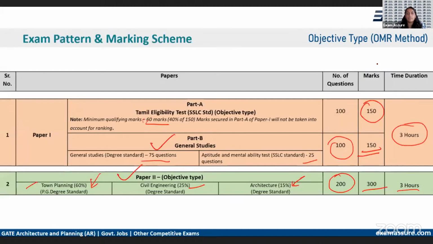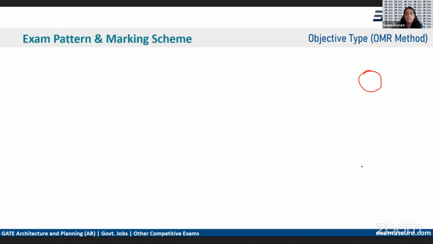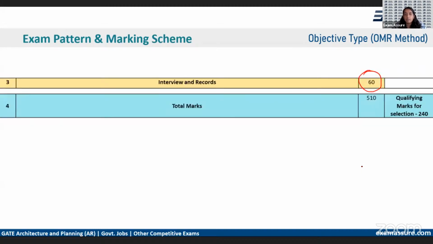So you have 150 marks of part B, 300 marks of paper 2, that adds up to 450, plus another 60 marks, that makes it 510. So your total marking will be of 510, and in this you need to get minimum 240 marks. That is the minimum qualifying mark or benchmark that the commission has set for this.